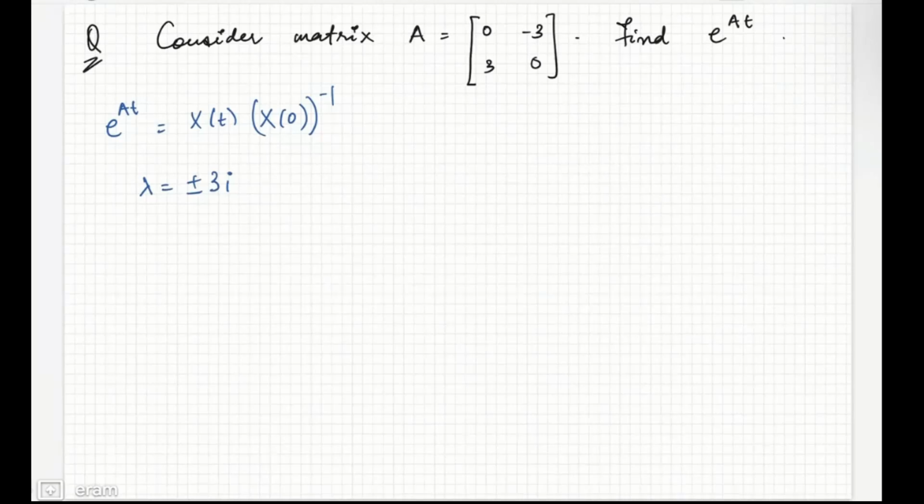So how to find the solution basis for complex eigenvalues?